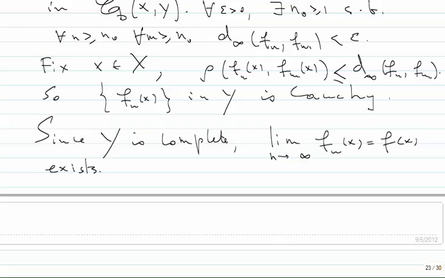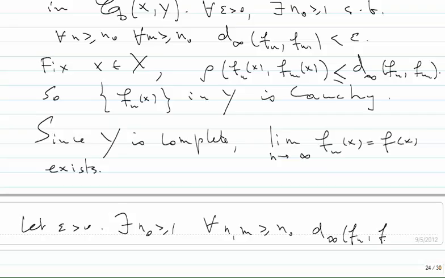Let epsilon be positive. There exists n0 greater than 1, such that for every n and m greater than n0, the distance between Fn and Fm is less than epsilon over 3. I changed it a little bit so that in the proof I can get epsilon instead of 3 epsilon.